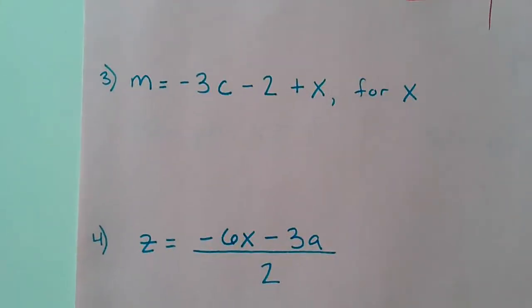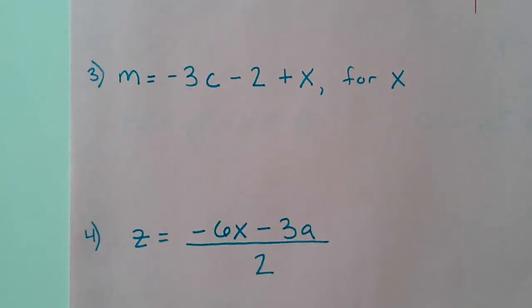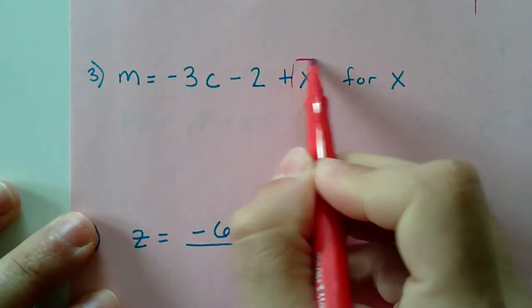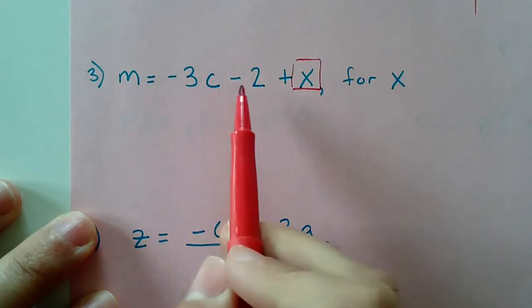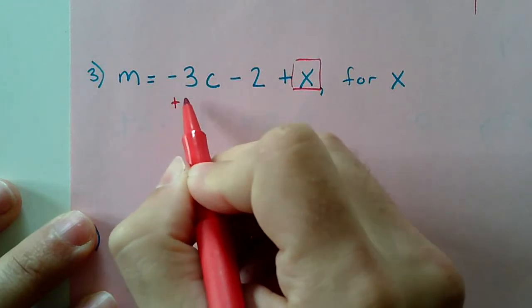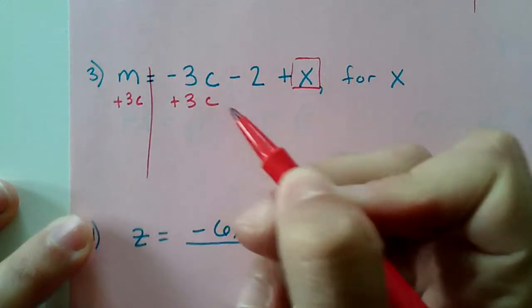We're going to do a couple more refresher examples. Number three, I'm solving for x. A couple more steps involved here, but just one step at a time. I want x by itself, which means I need to undo this minus 3c and minus 2. So I'm going to plus 3c first.